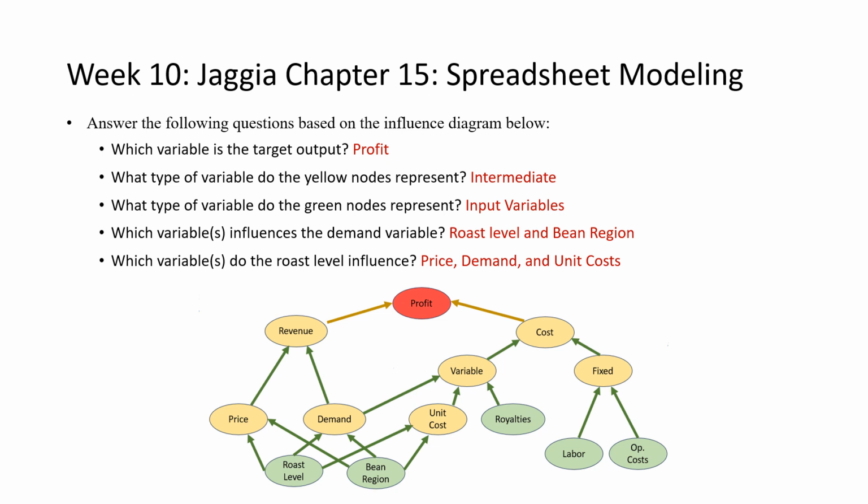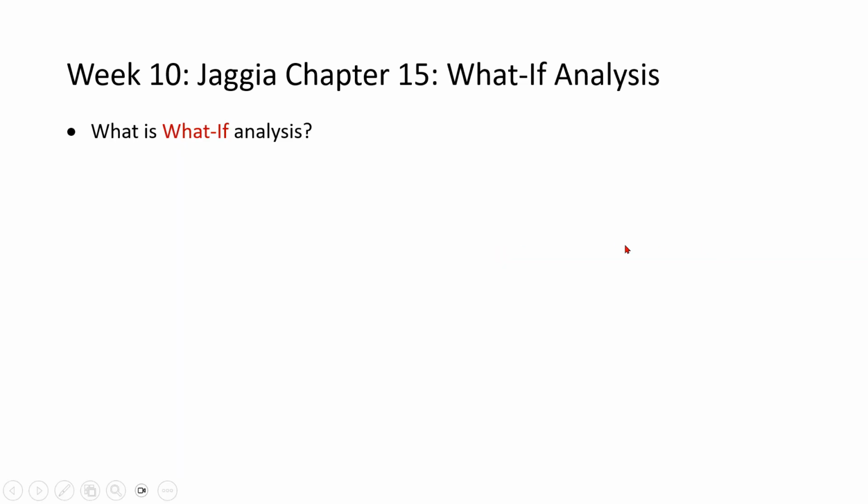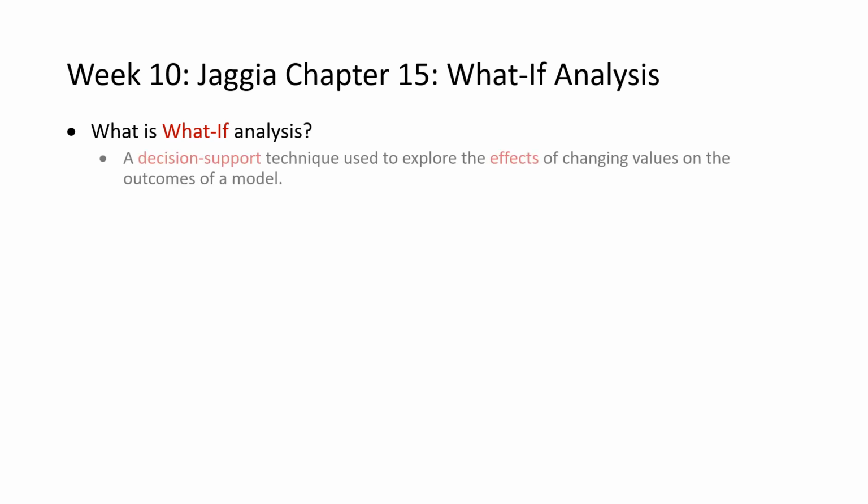As an extension of spreadsheet modeling, we then moved into what-if analysis. And if you recall, what-if analysis is a way in which we help support decision-making by exploring the effects of changes that we may be able to affect in a model. Often these are done in an attempt to predict some potential outcome.